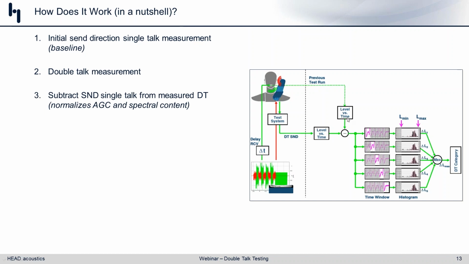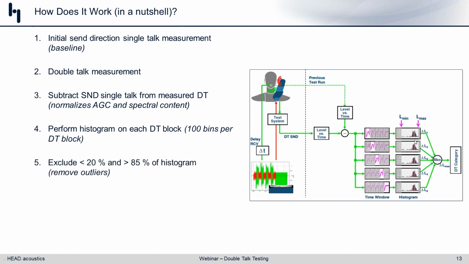Then we do the subtraction of the level versus time from the single talk minus the level versus time from the double talk, thereby normalizing AGC and spectral content. We go through some of these mathematical processes in order to weed out some of the extremes. So this is part of the method and part of the standard where we exclude some of the odd outliers.